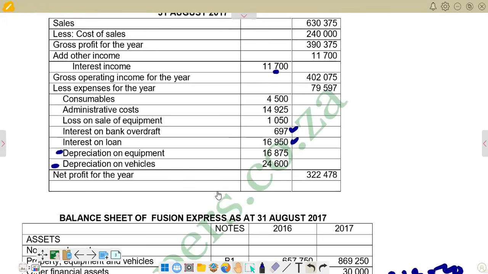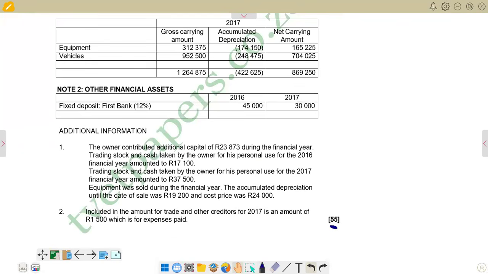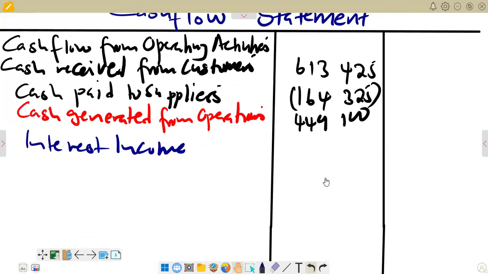Interest income, we got it as 11,700. So we can just pick that one, 11,700.